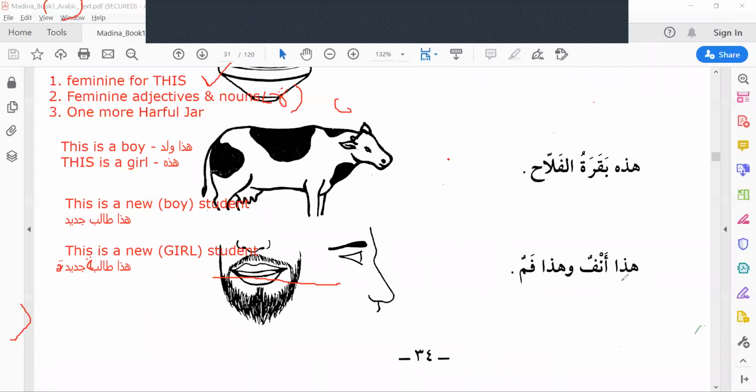Understand? So we use hada anfun. Anfun means nose. Hada famun. Famun means mouth. We use hada because anfun is a masculine word. Famun is also masculine. Why? It doesn't have a pair, it's a single part. Hada anfun.